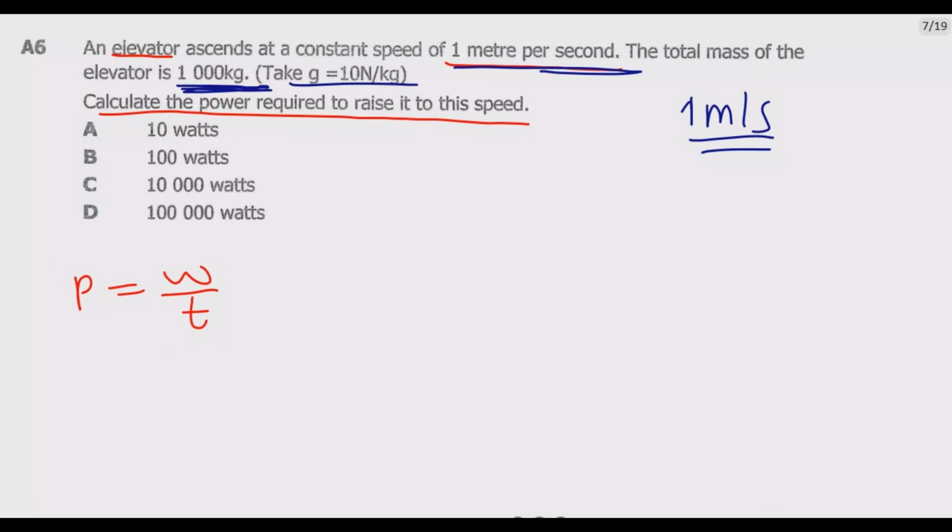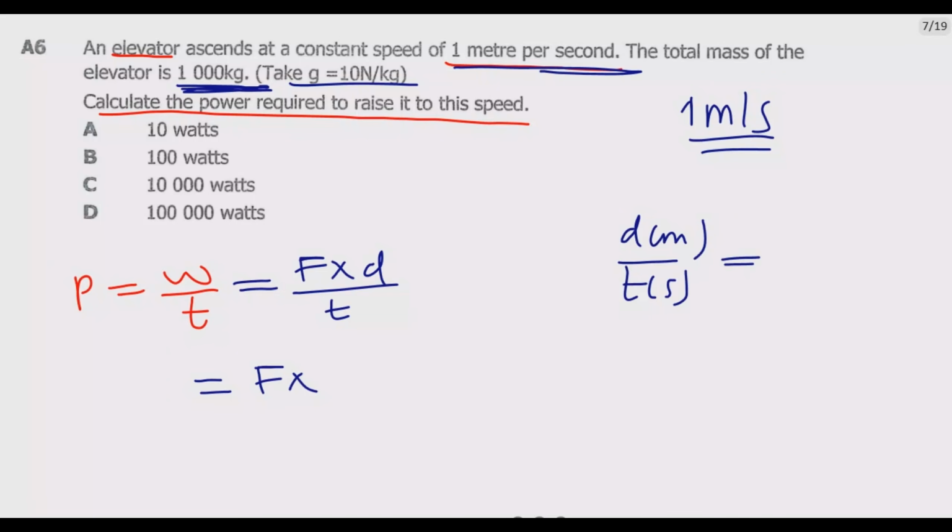So power can also be extended to be force times distance, or height, divided by time. What you notice in this case is we have force multiplied by distance, and distance should be in meters, and time is in seconds.